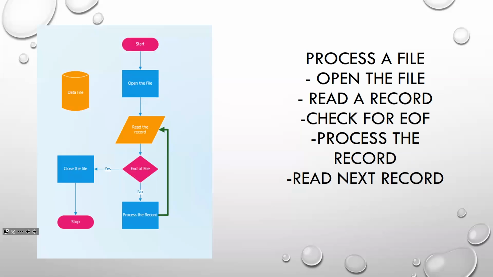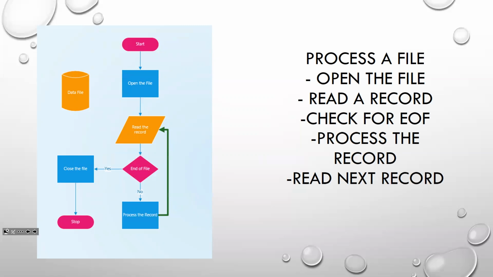To think about the way it'll work in a program, here's a flowchart. We start our program. We have to open our data file, our text file. Once we open the file, we can read a record, that first record in the file. No matter what record it is, we check to see if we got to the end of the file.